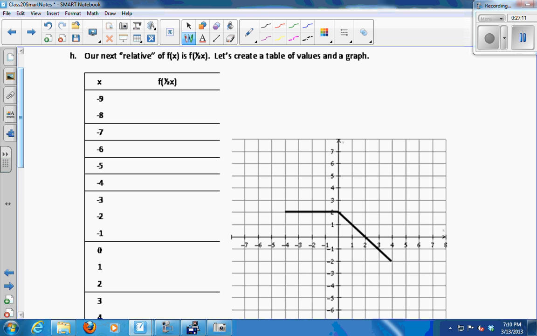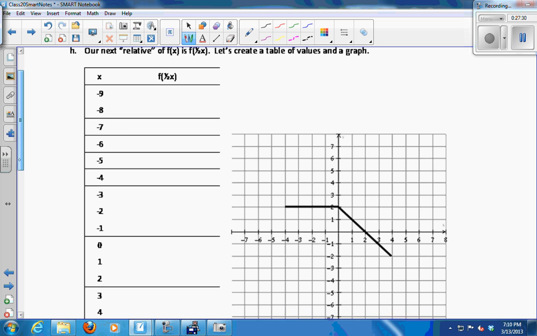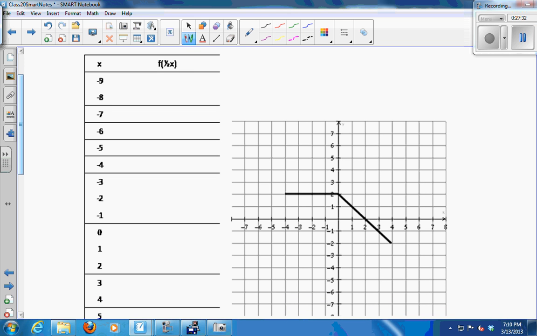So when I multiplied by a big number, my function got skinny, right? It's squished in. When I multiply by a small number, it's going to stretch. It's going to do a horizontal stretch. So let's just go ahead and fill out the table and confirm that that's what happens. Okay, so I'm supposed to take half of the x value I'm given and then apply f.